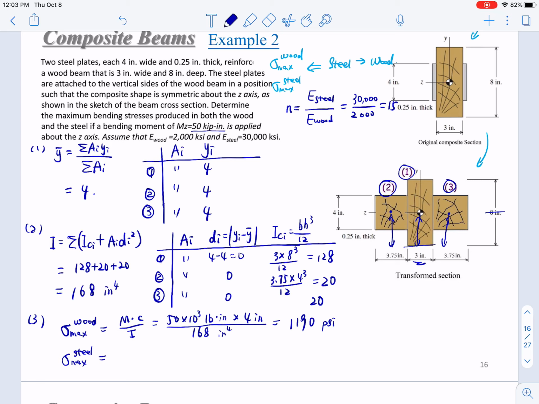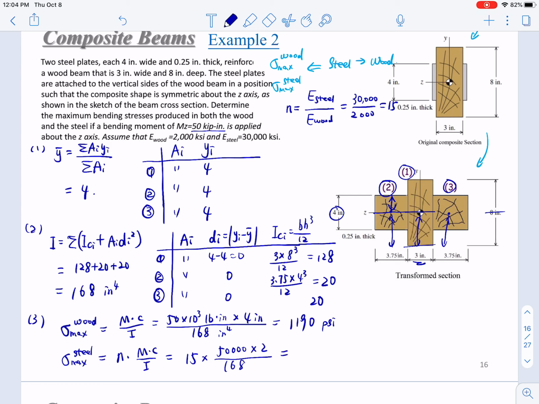This would be n times Mc over I. N is 15, times 50,000, times the c value here, which is half of 4, so 2, over 168.